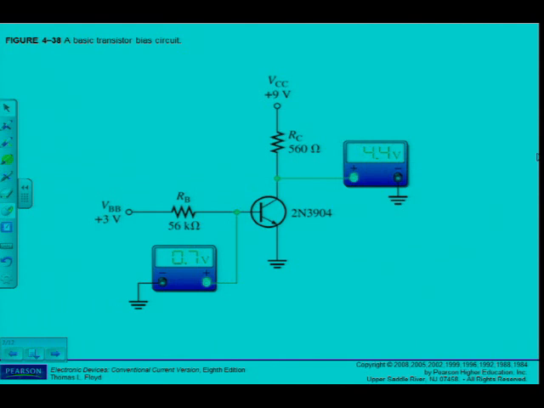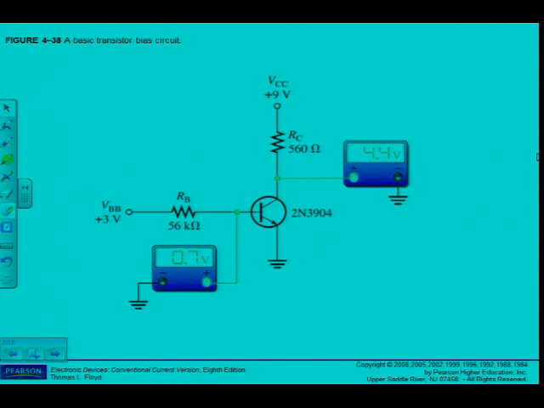The correct voltage measurements at the base and collector are shown. Analytically, these voltages are verified as follows. A beta DC of 200 is taken as midway between the minimum and maximum values of hFE given on the data sheet for the 2N3904 in Figure 4-20.